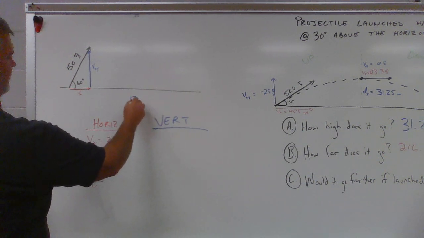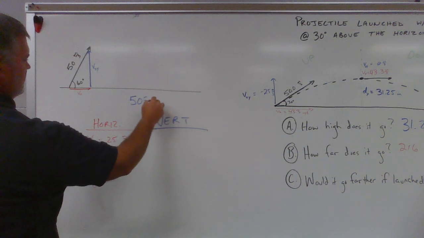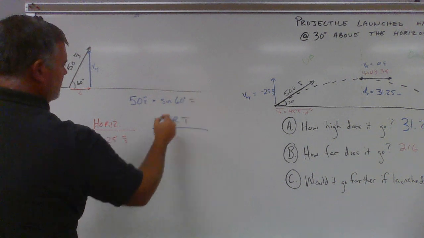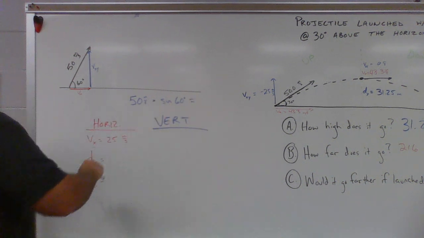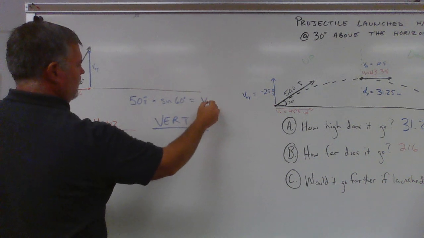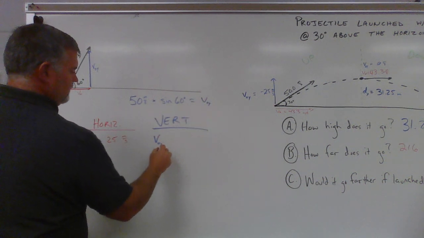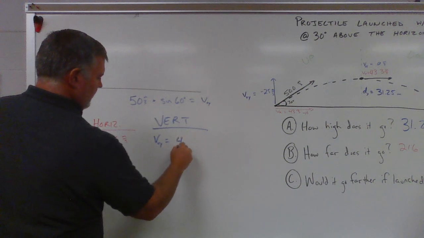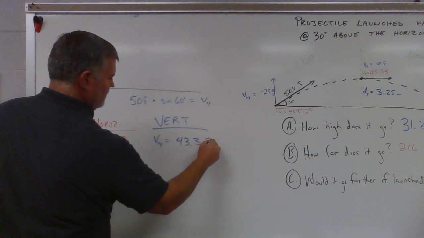So if we did 50 meters per second times the sine of 60 degrees, the sine of 60 degrees is like 0.866. Take it times 50, and we get that initial vertical velocity of 43.3 meters per second.